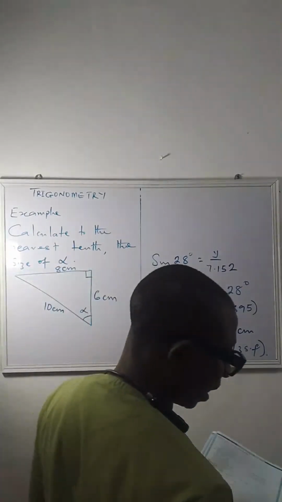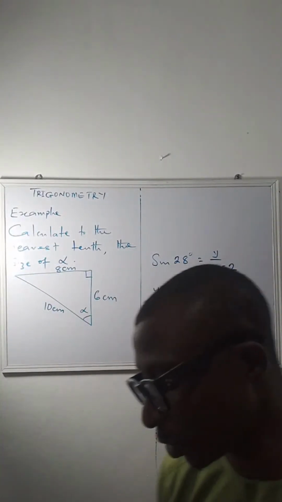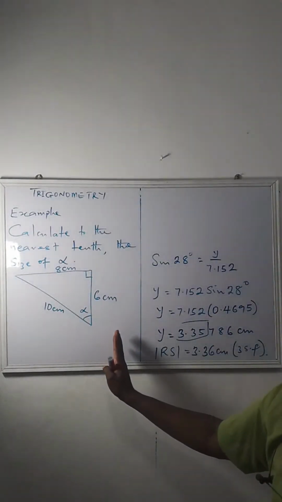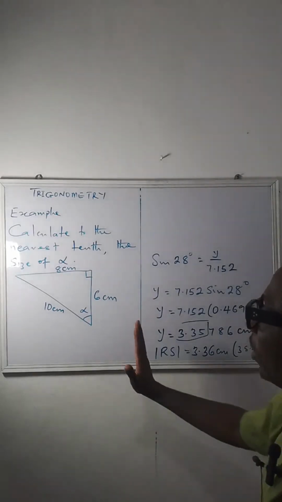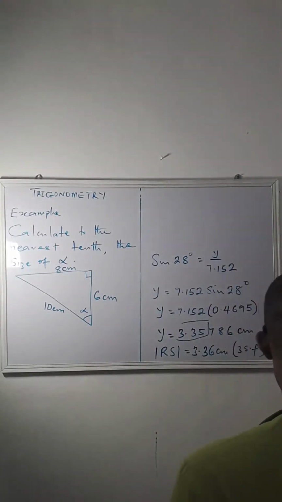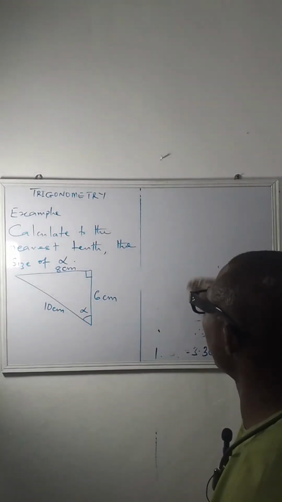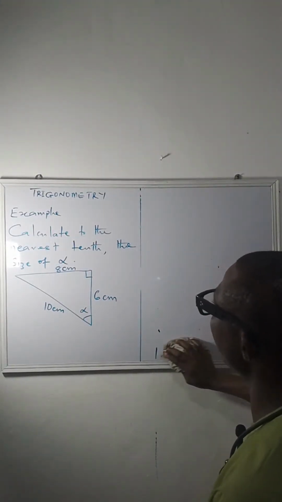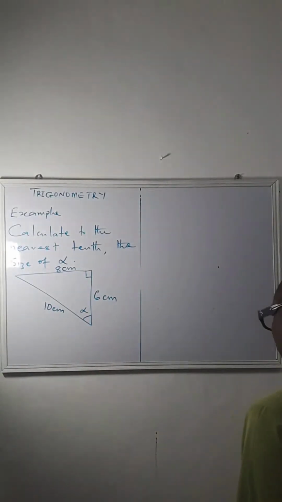Okay, so now let's look at this problem. I've once solved something similar to this in one of my videos, so I expect everybody now to get this. How do we solve this problem? The question asks you to calculate to the nearest tenth the size of alpha.